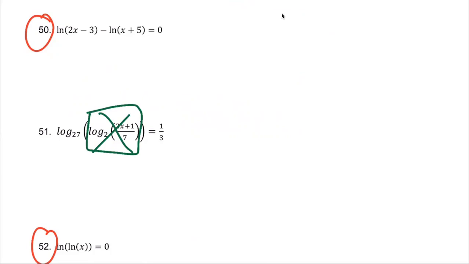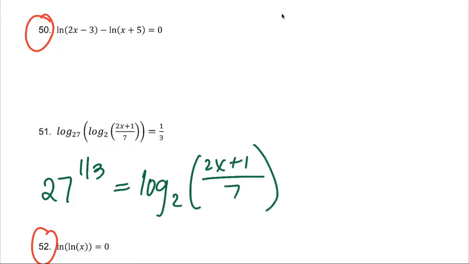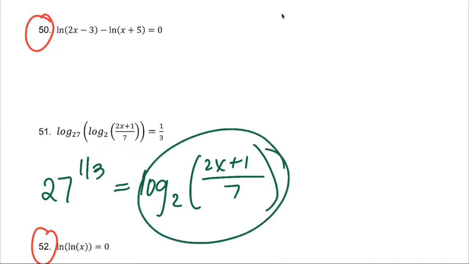So if I convert to exponential form, because right now my log is isolated, then I would take 27 to the 1/3 equals all this stuff that's on the inside, which is log base 2 of 2x plus 1/7. So I haven't done anything with the stuff on the inside yet. I've simply moved it, switched places, and the 27 came up.